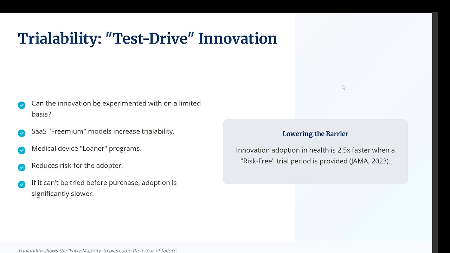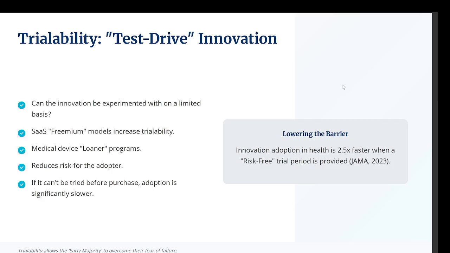Now we discuss trialability. The final two attributes, trialability and observability, also play critical roles in influencing adoption. Trialability refers to the extent to which an innovation can be tried on a limited basis before full implementation.